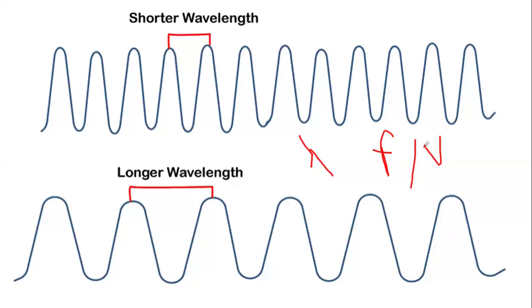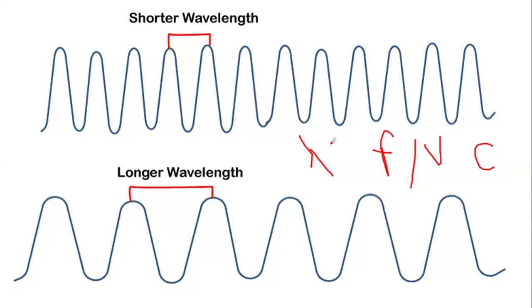The speed of the wave is represented by C. So take note of the differences: the speed is represented by C, the frequency by V or F, and the wavelength by lambda.